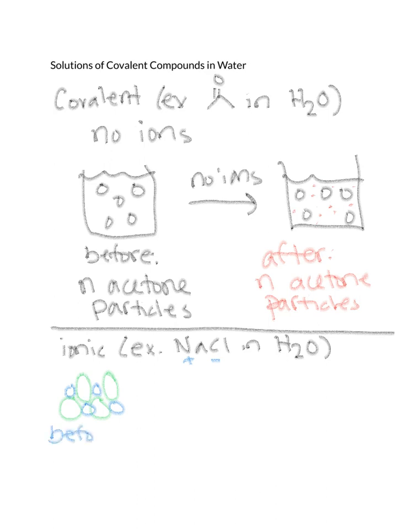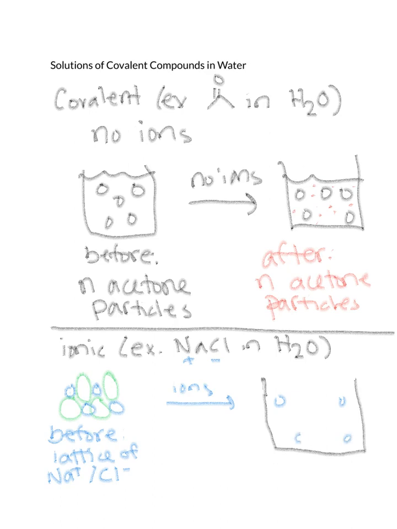So before, lattice of Na plus and Cl minus. What happens afterward, right, when I make my solution, is that we break up. I've got 1, 2, 3, 4 sodium pluses. And afterwards I've got 4 chlorides, but they're all separate from each other and there's still water molecules hanging around, right?